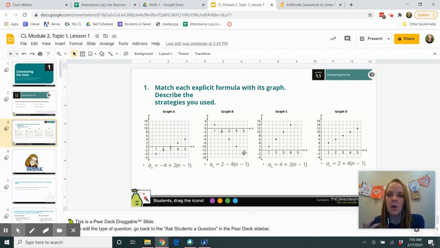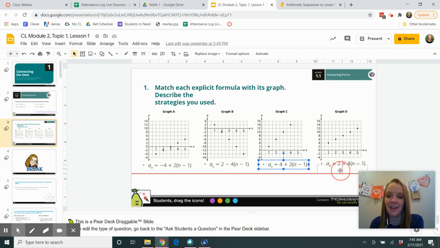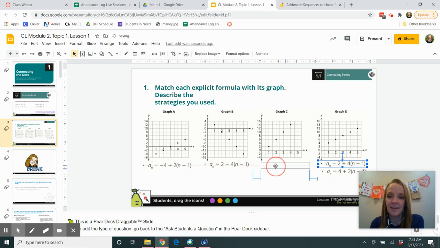Okay. Let's do graph C. In my equation, a sub 1, the first term is a 2. So when x is 1, oops, doesn't look like I did that right. There we go. Y was 2.